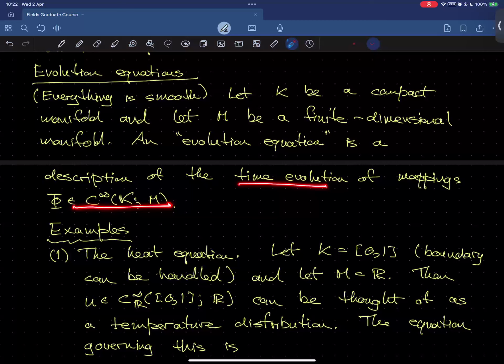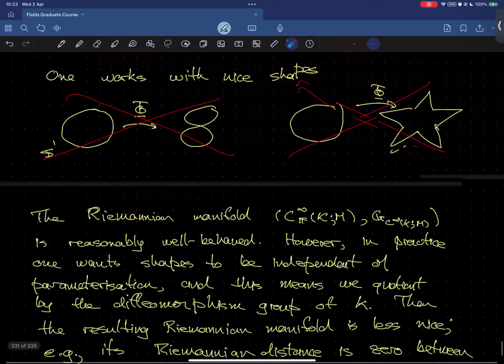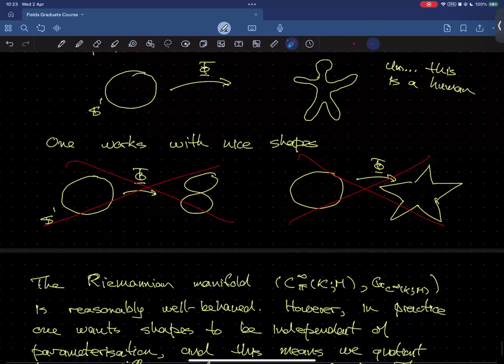So I have a time-dependent family of mappings from K into M. In shape analysis, I might have a family of shapes that are smoothly parameterized by time as I go from one shape to the other.